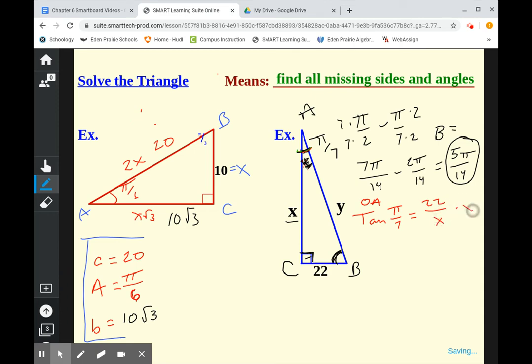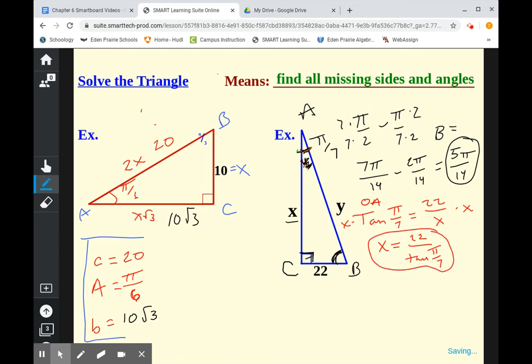Multiply both sides by x, divide by the tangent of pi over 7, and x will equal 22 over tangent pi over 7. That is your exact answer for x.